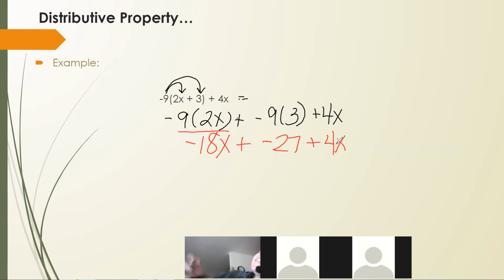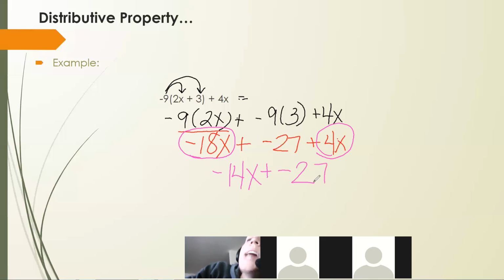We have to add the x's together. Yeah, those x's are like terms. So we're going to combine negative 18x and 4x. What do I get when I do that? That's like saying I owe you 18 x's and I have 4 x's to give you. Negative 14x. Good job. Now we are done.